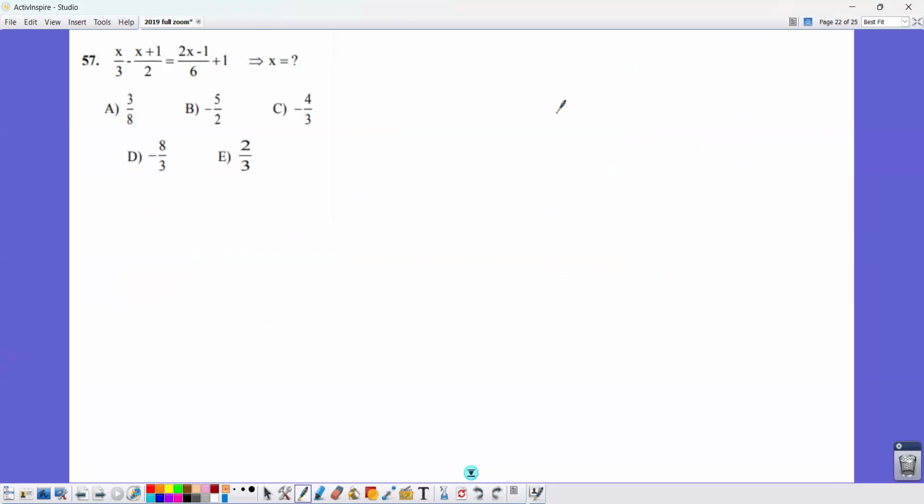In 57th one, we have another equation with fractions. So x over 3 minus x plus 1 over 2 is equal to 2x minus 1 over 6 plus 1.